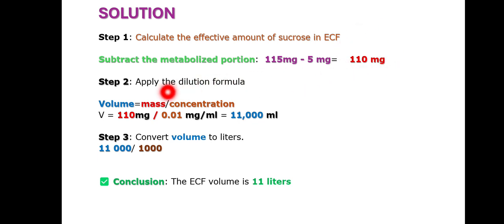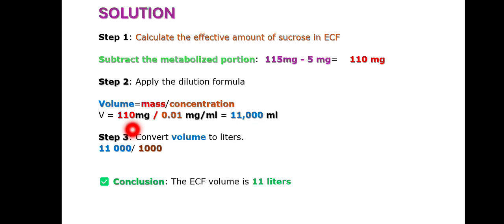Let's now detect the concentration. The concentration after adding the indicator and the ECF gave us 0.01 milligrams per milliliter. So this was the final concentration of the entire dye and the ECF. Then we want to calculate volume. We can use the formula now. Volume is equal to mass over concentration.